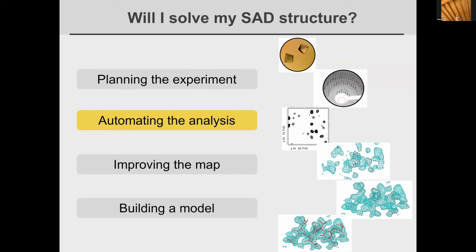Okay. So when you collect your data, and you process that data with some program, HKL or MOSFLM or something like that, it's going to give you numbers as a function of resolution, basically how accurate your data are. Maybe an I over sigma, or maybe a percent error.